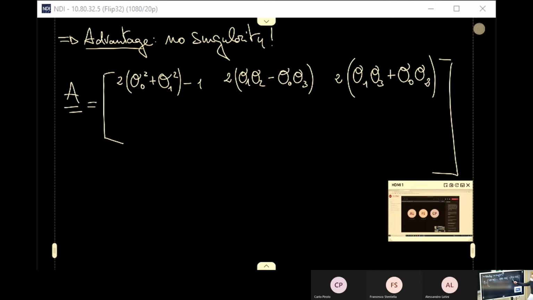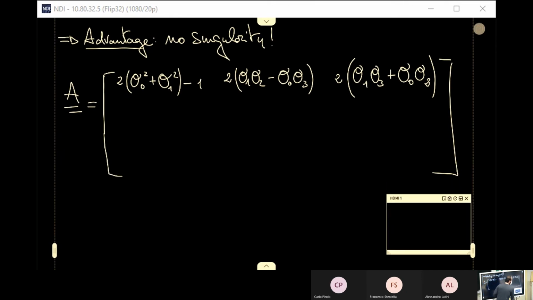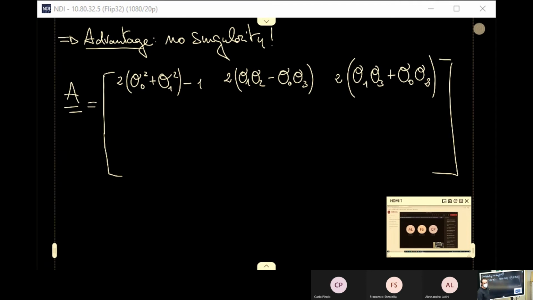It is nonlinear because of this multiplication. There are squares and so on. And we will see that nonlinearity is actually one of the great issues of multibody dynamics.